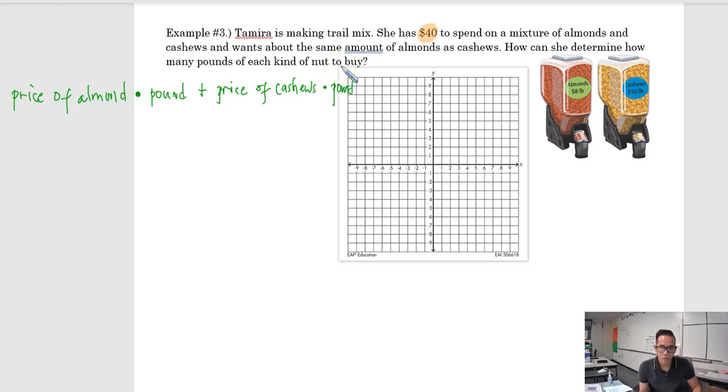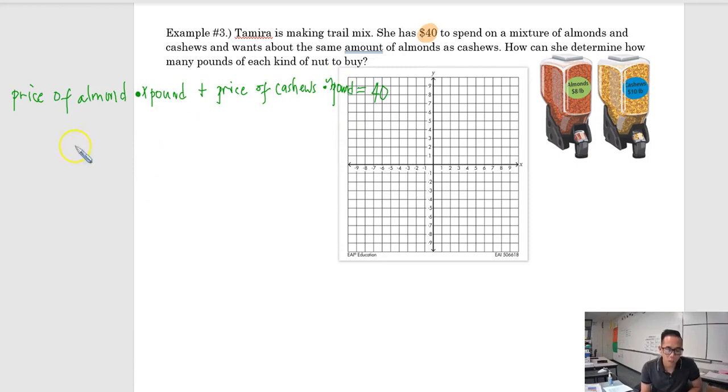So we're multiplying, and it is equal to, of course, $40. We represent the per pound of almond as x, and the per pound for cashew will be y.